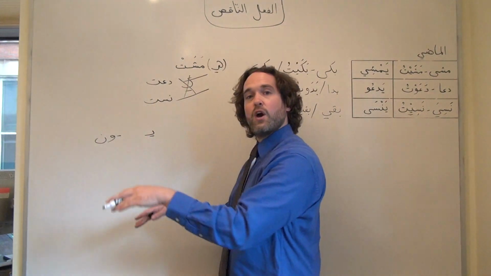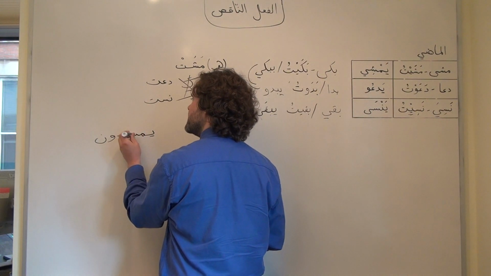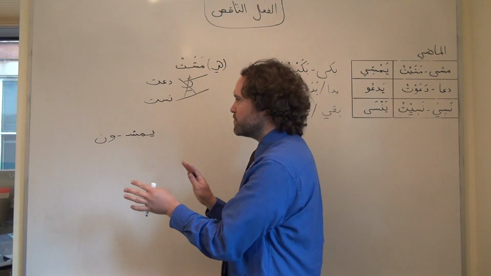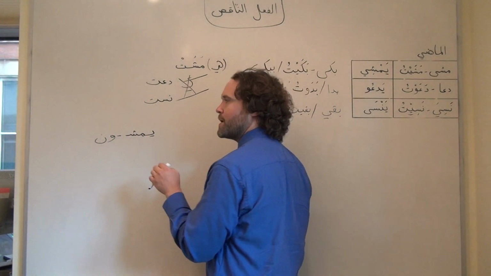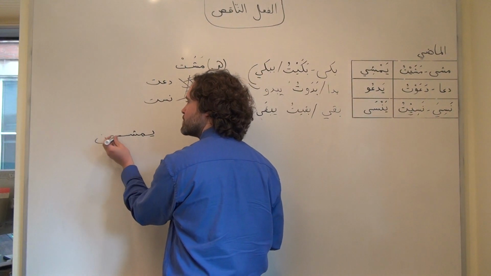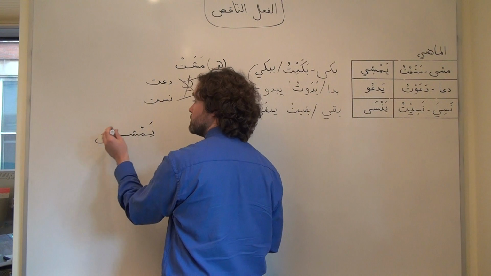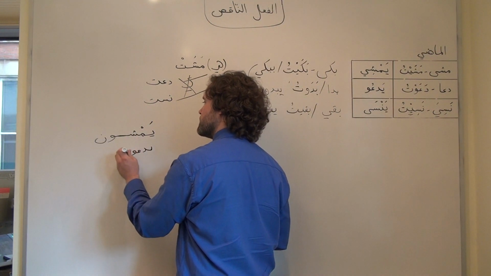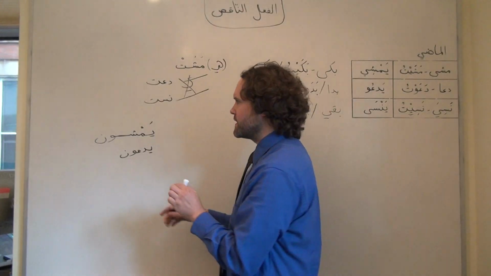So if we were saying they all are walking, we're not going to keep the ya. You might think, okay, yamshiyun, there's not a problem with that, but the truth is that the ya sound is not loved by Arabic, so we're just going to skip it and say yamshun or yad'un. We're not going to have two wows there that would just look a little bit silly.